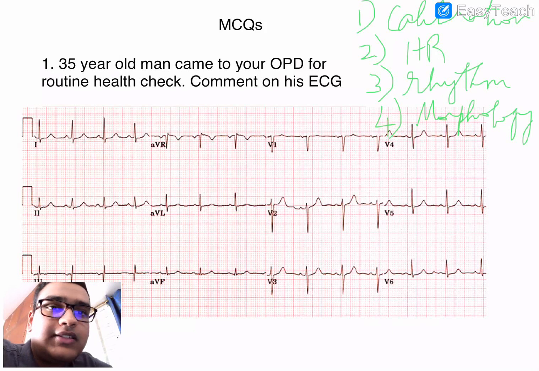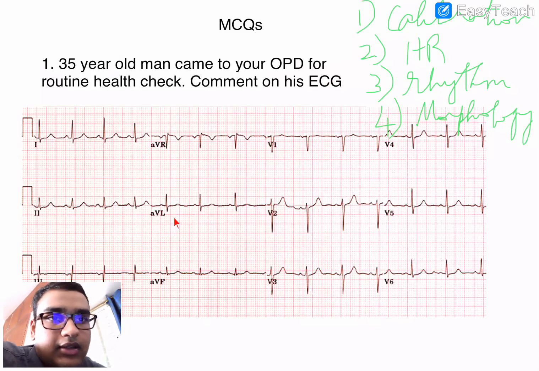Let's look at this question. A 35-year-old man came to your OPD for a routine health check. Comment on his ECG. The options are: 1, right axis deviation; 2, left axis deviation; 3, a normal ECG; and 4, cannot comment on the ECG. As I said, we'll follow these 4 points and then look at this ECG.